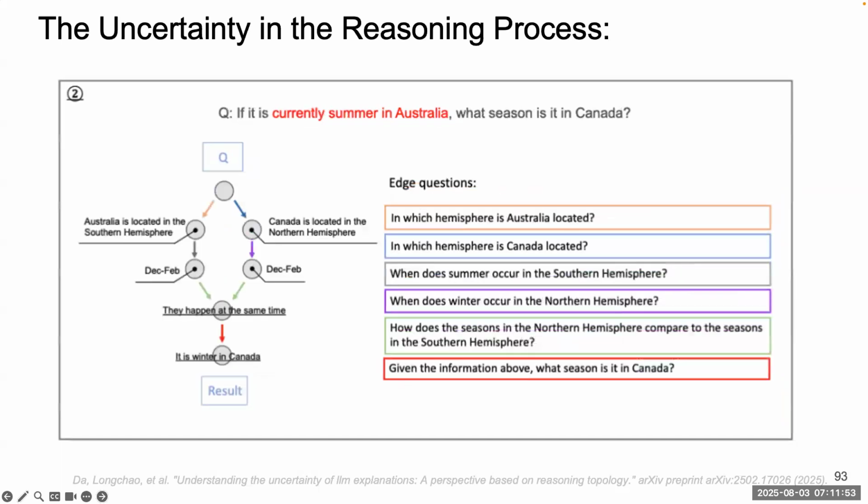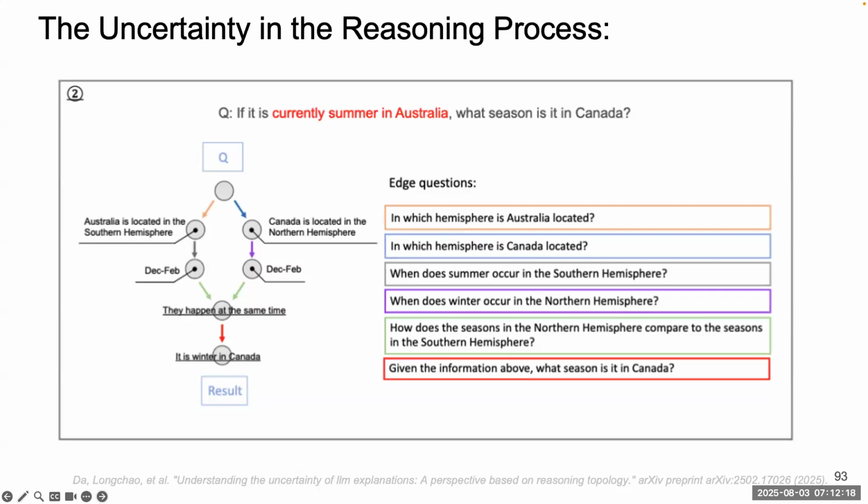And one other possible structure of reasoning is something like this. So they also ask which hemisphere is Canada located in, which hemisphere is Australia located in, and then get the answer. And then the second question following that, on the location on the hemisphere, they ask when does summer occur in the southern hemisphere?